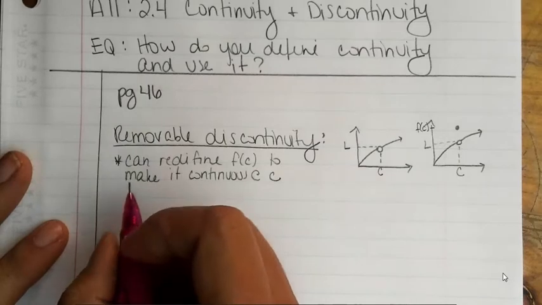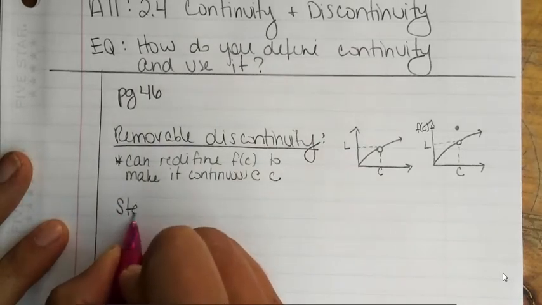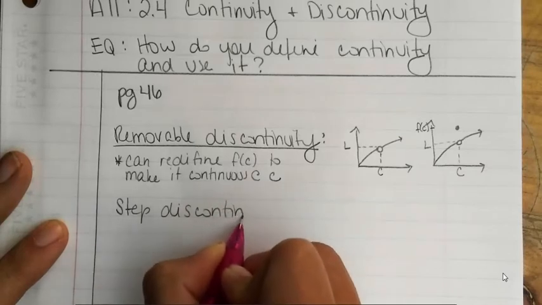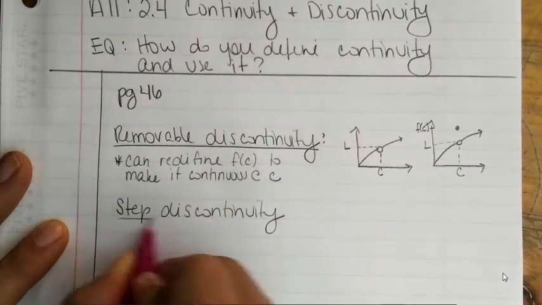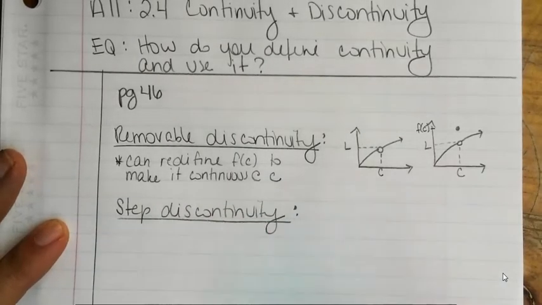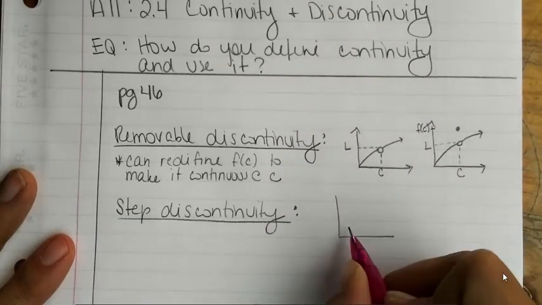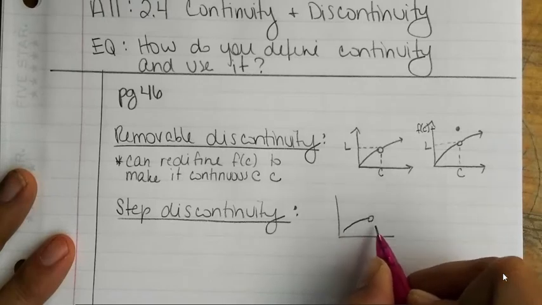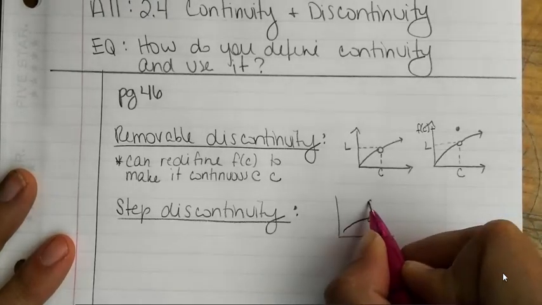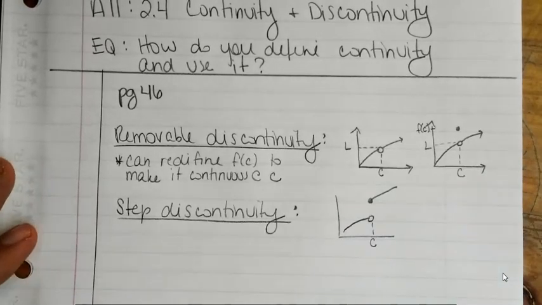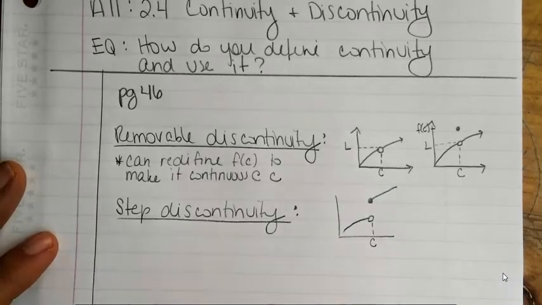All right, second type, which we've already talked about as well, is step discontinuity. So this one looks like a step. If I graph it, basically I'm going up at C, it steps and goes some other direction, or same direction, but we've jumped up.